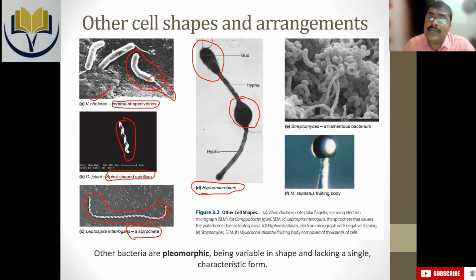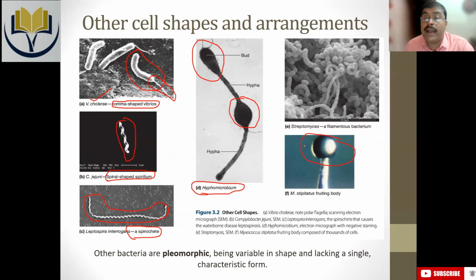These are single cells, but they are present in a cluster which looks like a filament. So they are known as Streptomyces. Streptomyces have huge importance in the medical field. When you study antibiotics, you will definitely know about the Streptomyces bacterium.